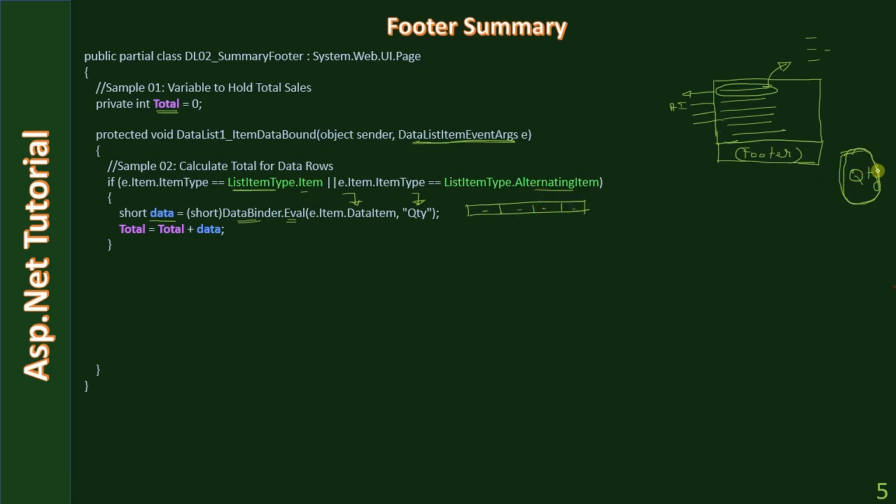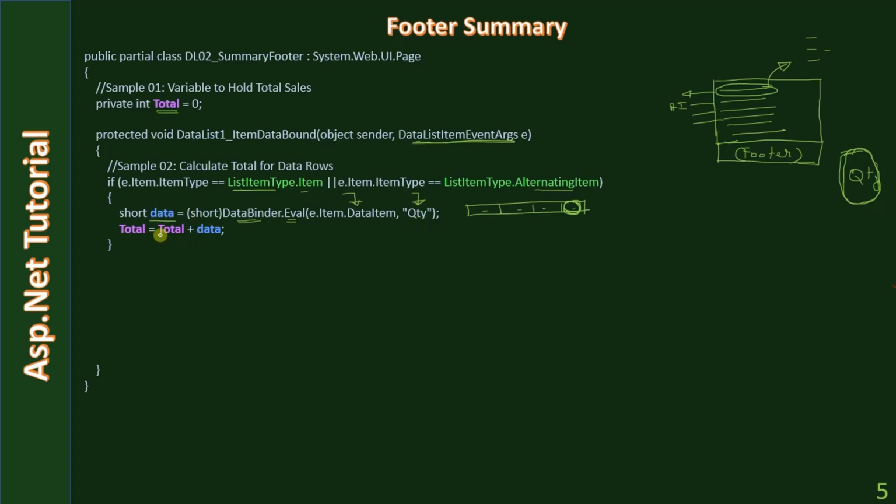But in this example, we are going to retrieve quantity. So if we assume this one is the quantity, we pick that, right? DataBinder.Eval, and there are 4 items bound to that data binder, that means to the data list, and from there we are picking quantity, converting that to short, and we are storing that here.